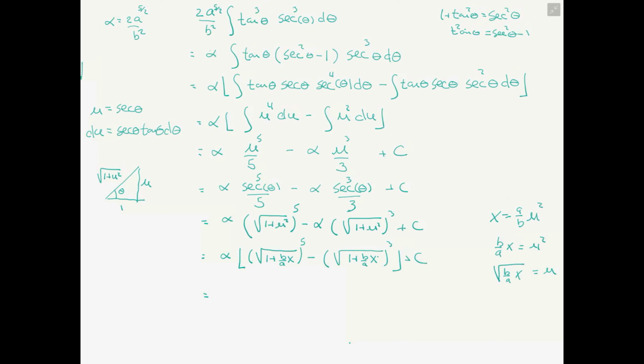All we have to do is now put our alpha. We have alpha equals 2a to the 5 halves on b squared, and now we have 1 plus b on ax to the fifth minus 1 plus b on ax to the third plus c.